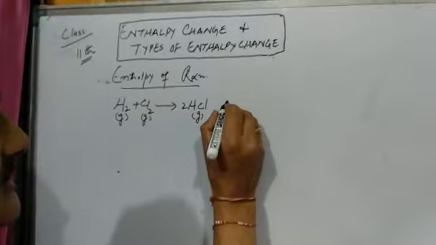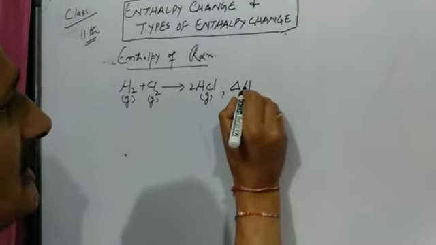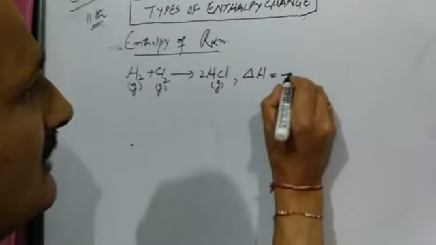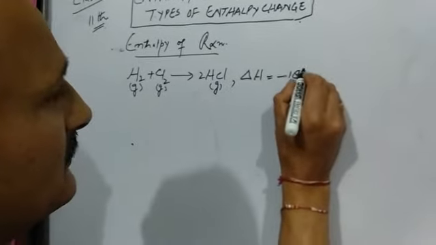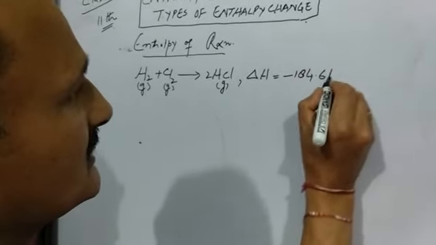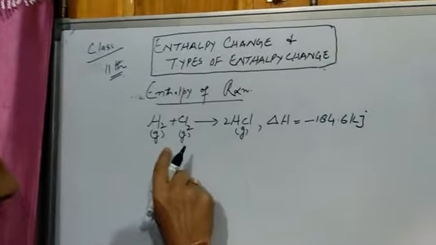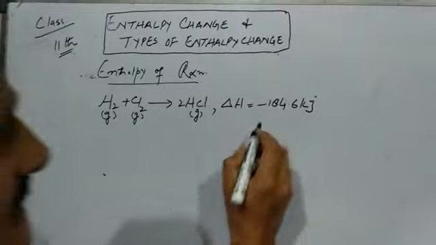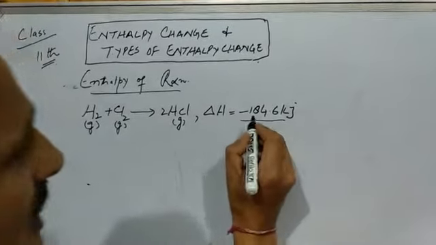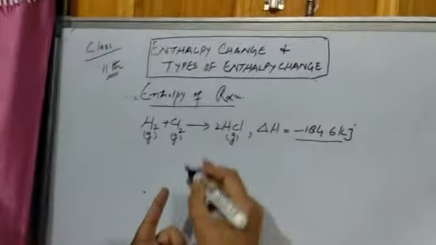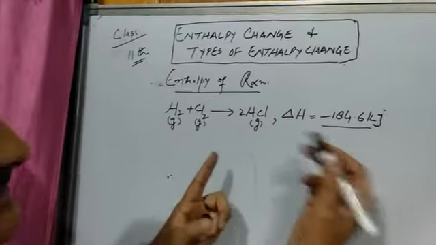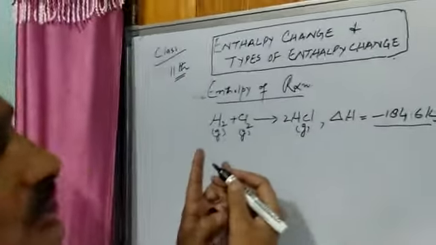During this process, delta H is minus 184.6 kilojoules. What does this mean? This means that when this reaction has taken place, this much amount of heat has been evolved, that it has been given out from the system to the surrounding.